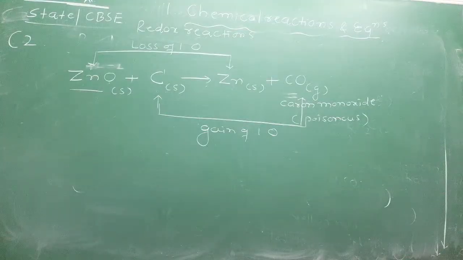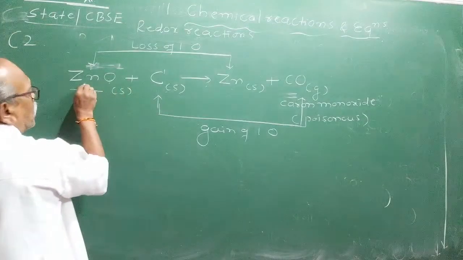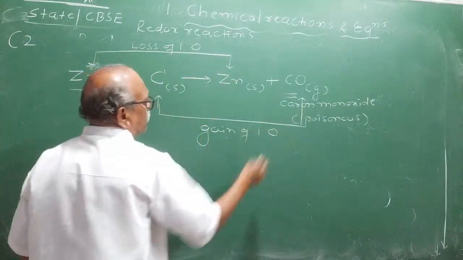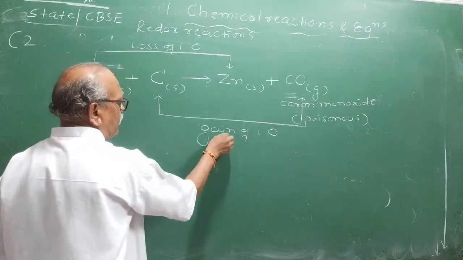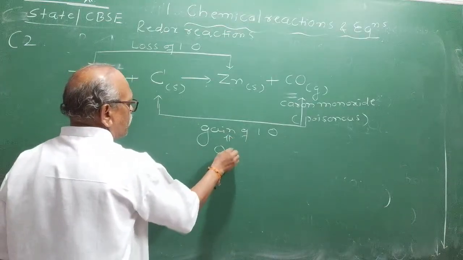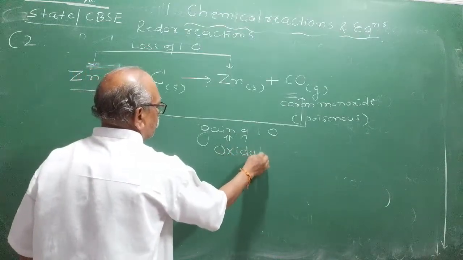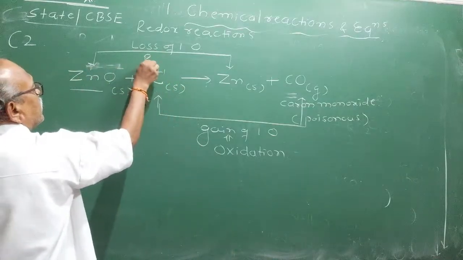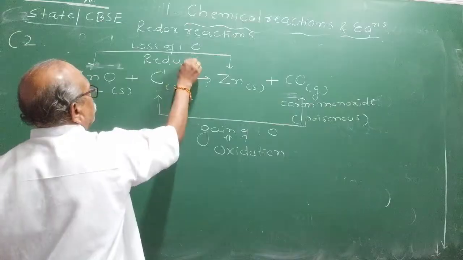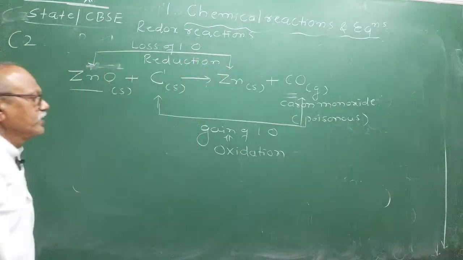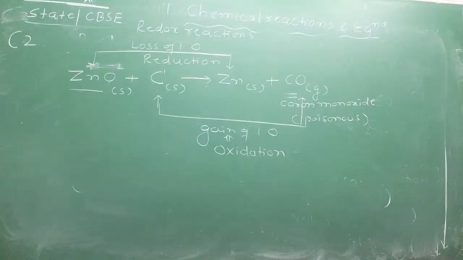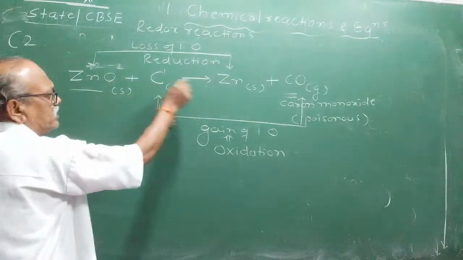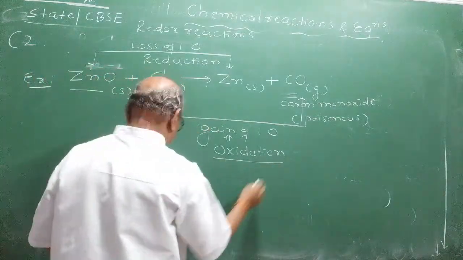In such a reaction, a particular compound loses one oxygen atom and here another gains one oxygen atom. Gain of oxygen is called oxidation reaction. Loss of oxygen is called reduction reaction. Are you getting me? Whenever a substance gains oxygen, it is called oxidation.